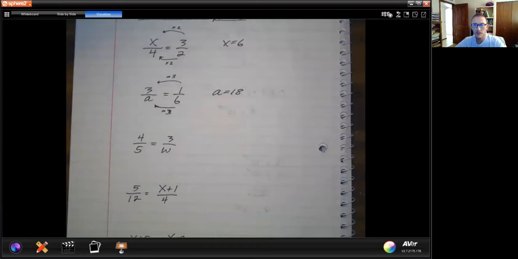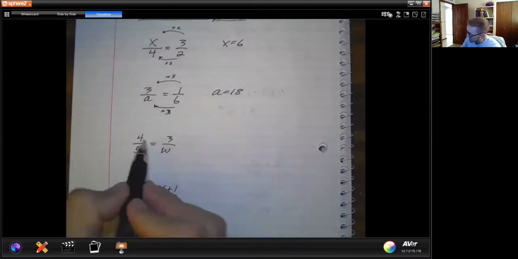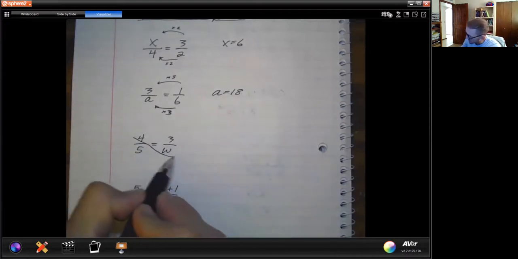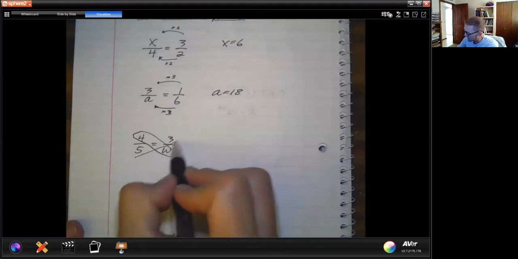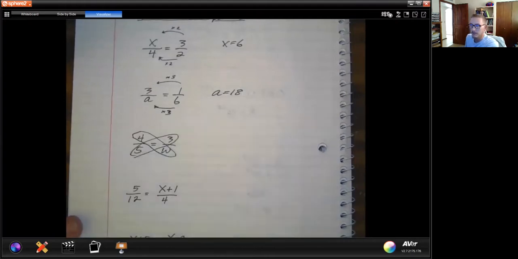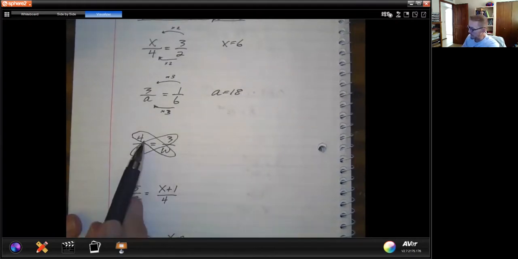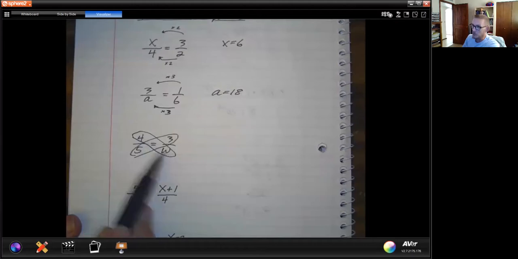And remember what I said at the beginning. If you have a whole number or an integer, you could turn that into a fraction. So cross products says that I'm going to multiply across the equal sign and create kind of like a butterfly effect here. And what this says is I'm multiplying across the equals within that loop.